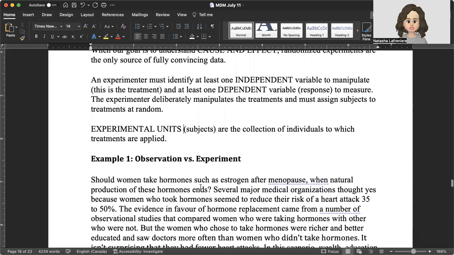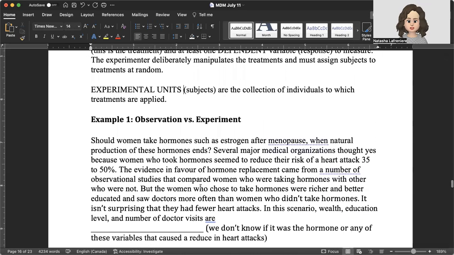So if we look at example 1, should women take hormones such as estrogen after menopause when natural production of these hormones ends? Several major medical organizations thought yes, because women who took hormones seemed to reduce the risk of a heart attack 35 to 50%.